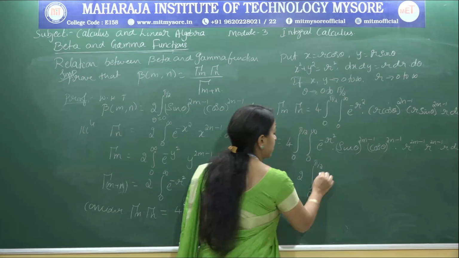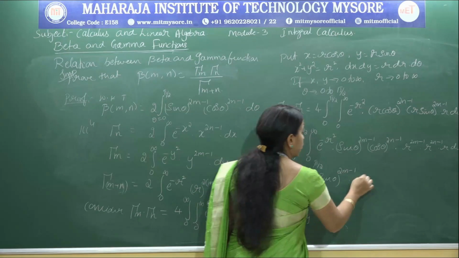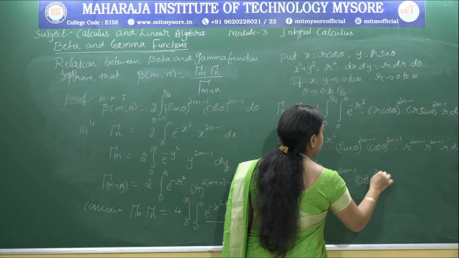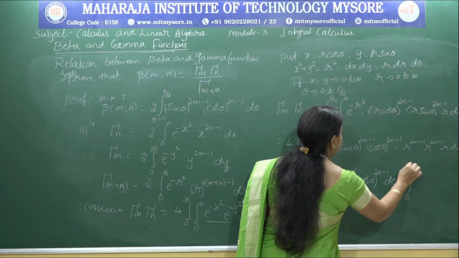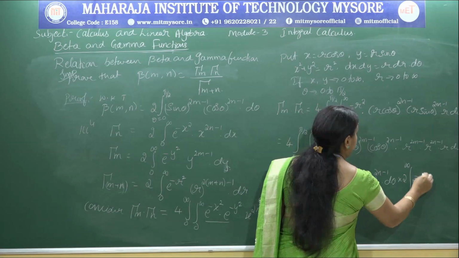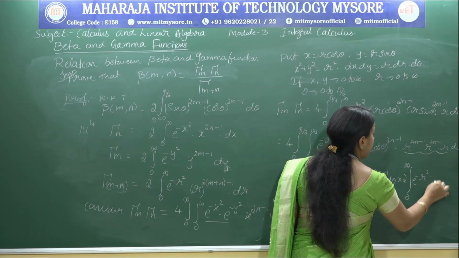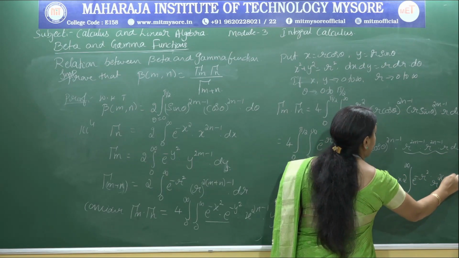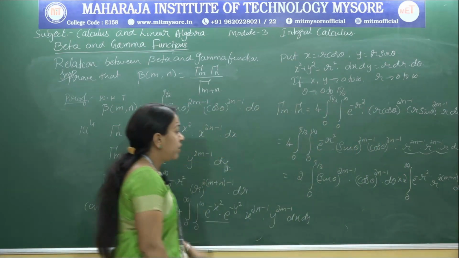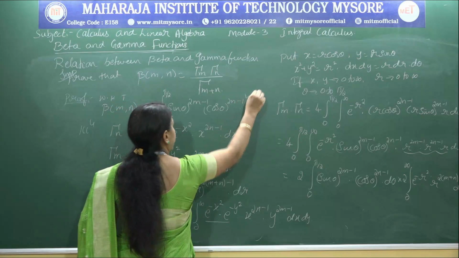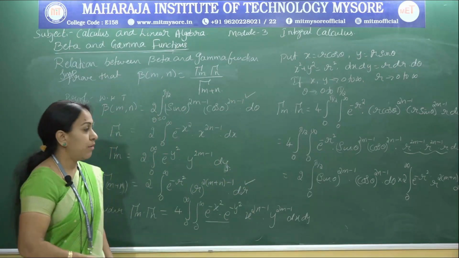I separate the theta functions, that is sin theta to the power of 2m minus 1 into cos theta to the power of 2n minus 1 into d theta into 2 times of integral 0 to infinity e power minus r square into, so if I add the powers of r, we remain with r to the power of 2 times of m plus n minus 1 into dr. Now compare with the standard result of a trigonometric form of a beta function and this another form of a gamma function.